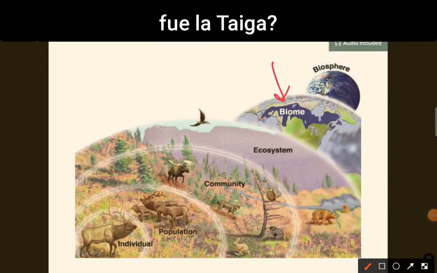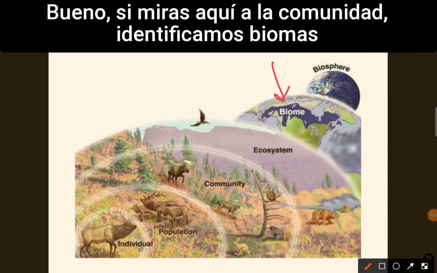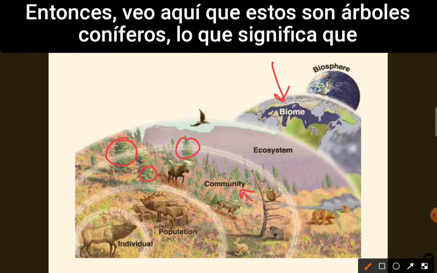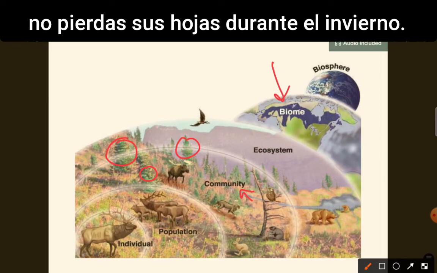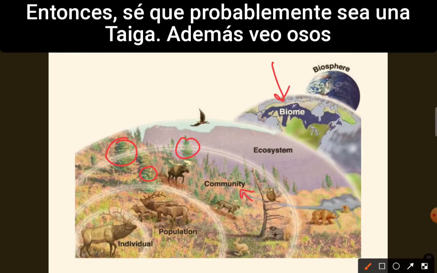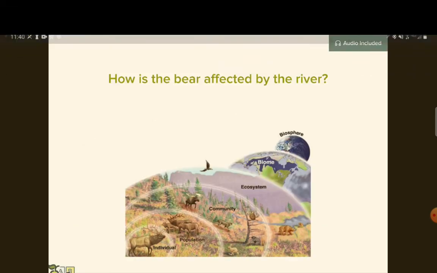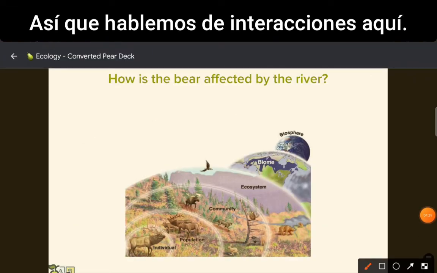How did I know that that was the taiga? Well, if you look here at the community, we identify biomes by the plants of that community. So I see here that these are coniferous trees, meaning they do not lose their leaves during the winter. And so I know that this is probably a taiga, plus I see bears and moose, and those are common animals for that area.